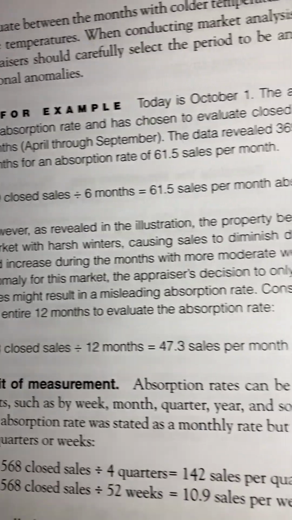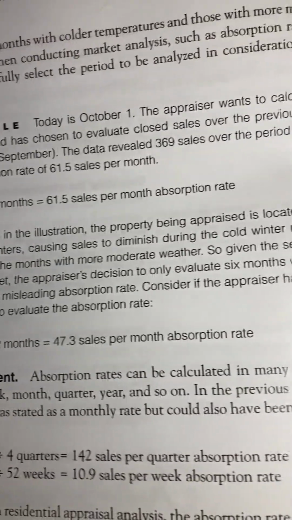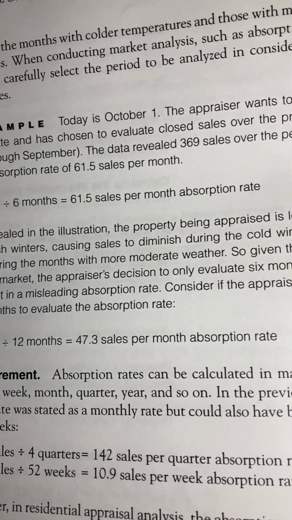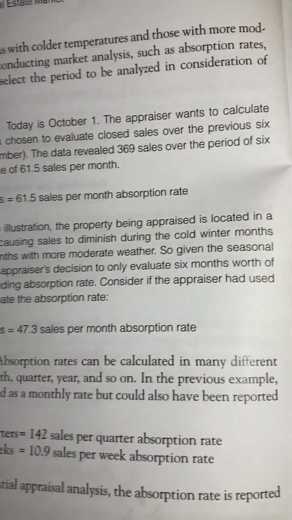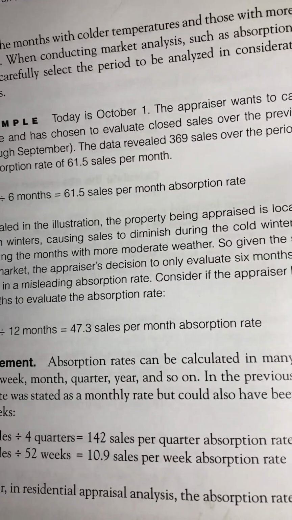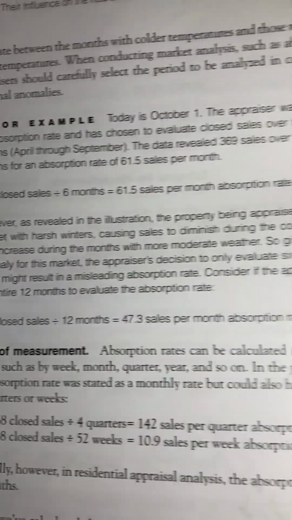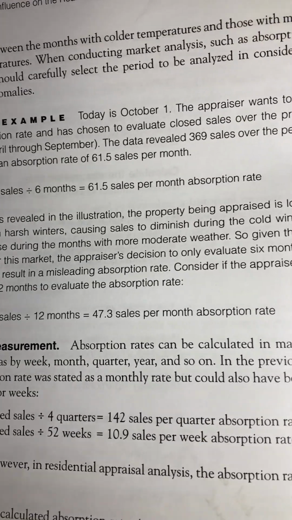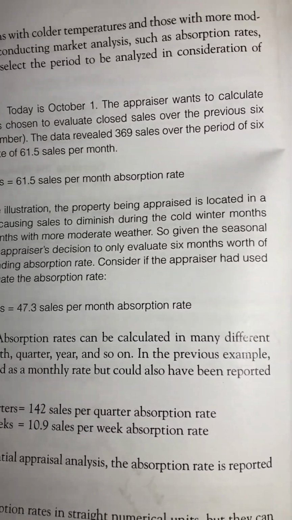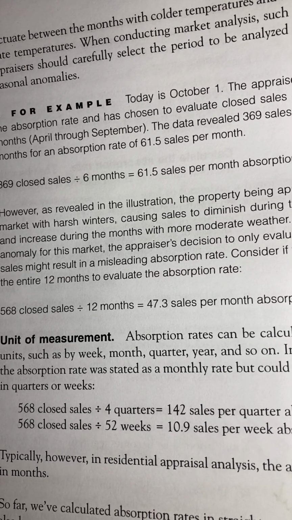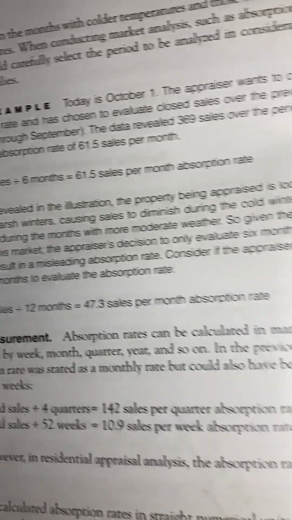However, as revealed in the illustration, the property being appraised is located in a market with harsh winters, causing sales to diminish during the cold winter months and increase during the months with more moderate weather. So given the seasonal anomaly for this market, the appraiser's decision to only evaluate 6 months worth of sales might result in a misleading absorption rate.